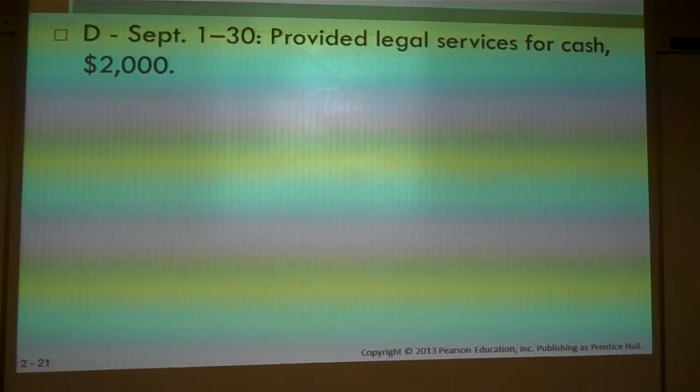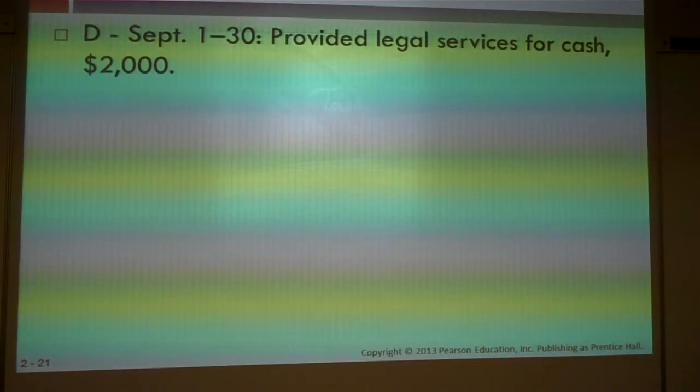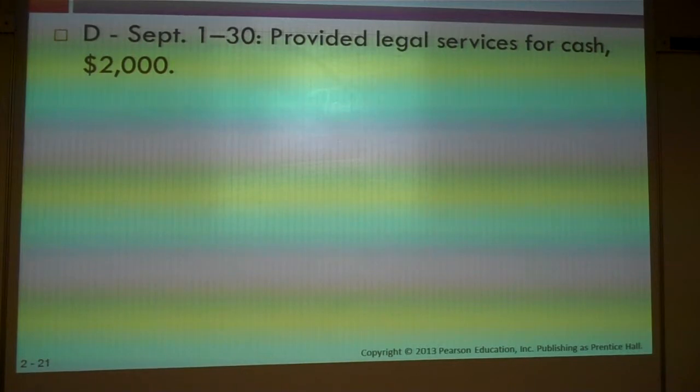Transaction D, provided legal services for cash, $2,000. What accounts are affected? Cash and our revenue account. And we'd have to go back to the chart of accounts to see what that account was called. Legal fees, I think is what it was called.